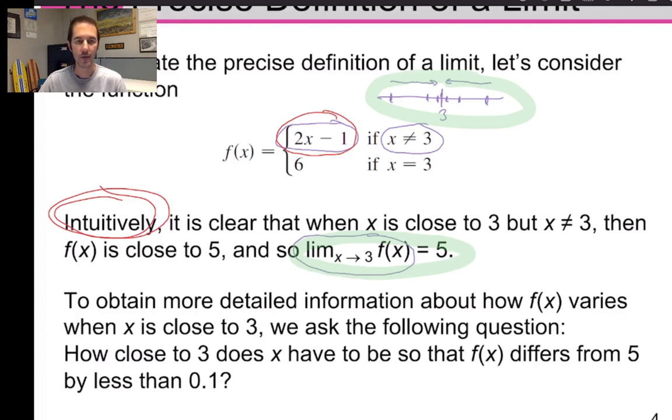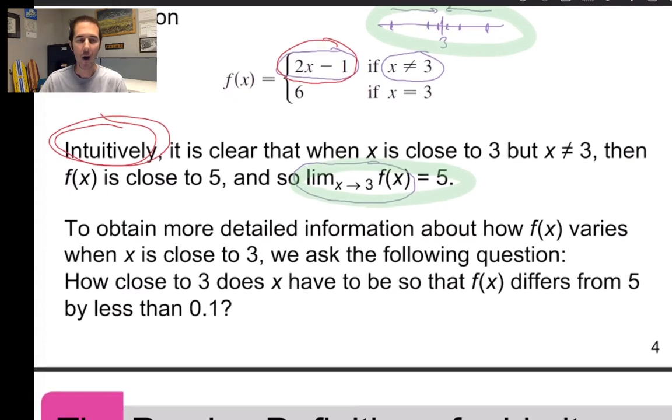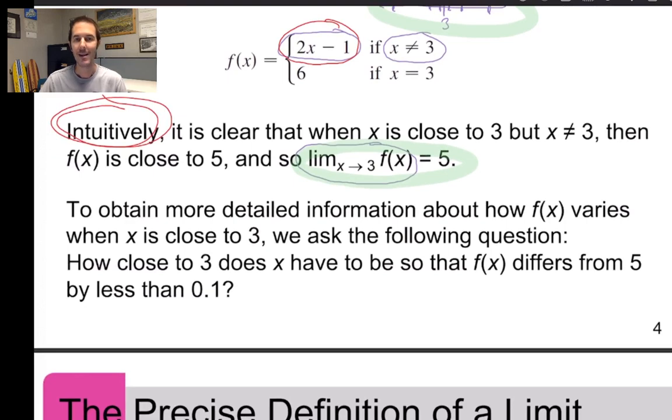We want to choose x values such that when we plug them into this particular function, we get y values that are near 5, near this limit of 5, but within 0.1 of the number 5. So our resulting y values have to be somewhere between 4.9 and 5.1. Which x values are going to facilitate that?